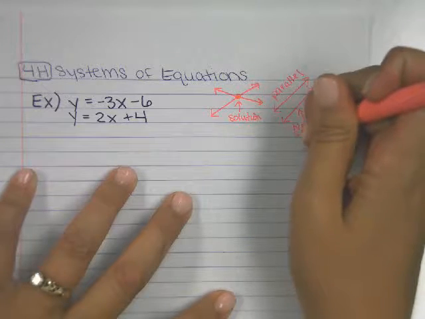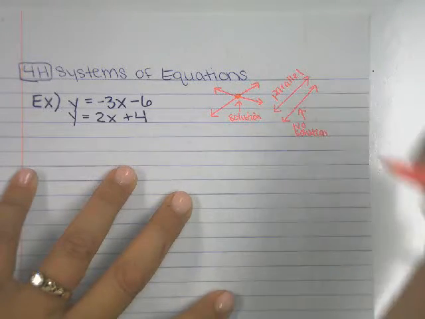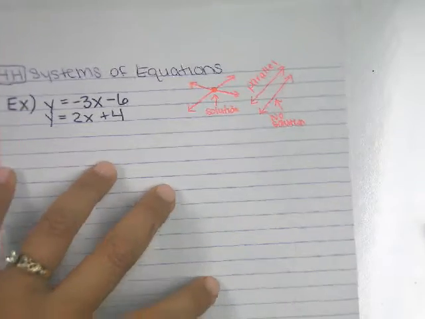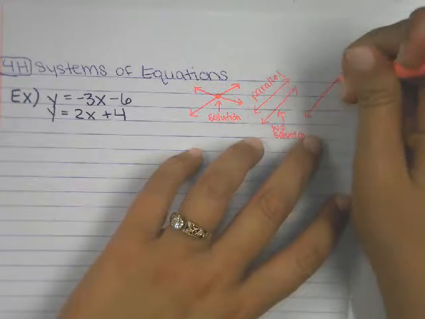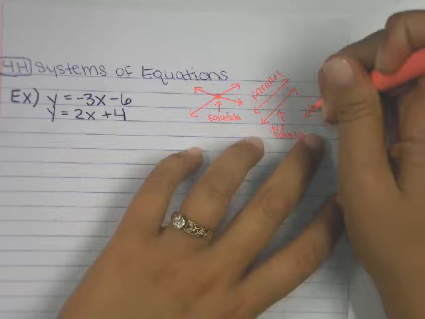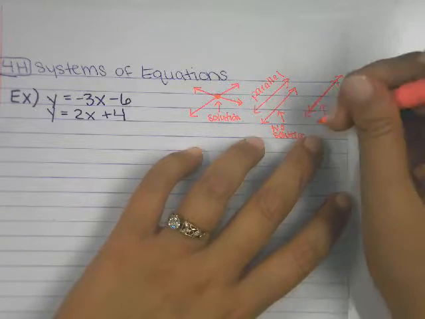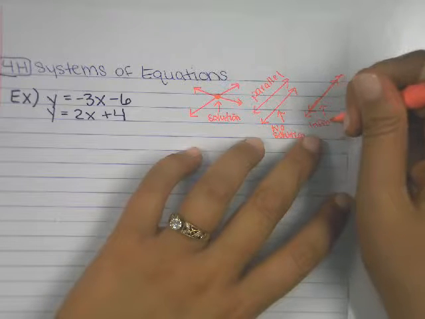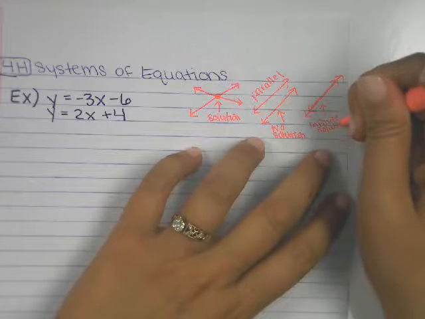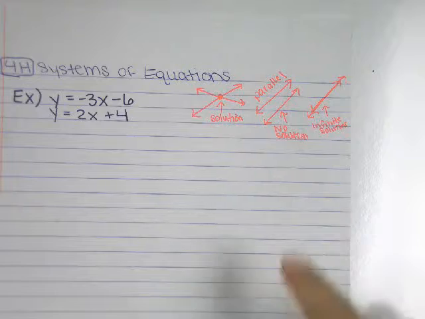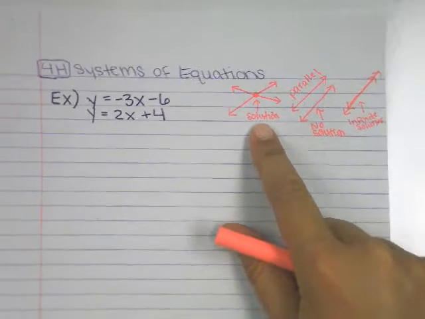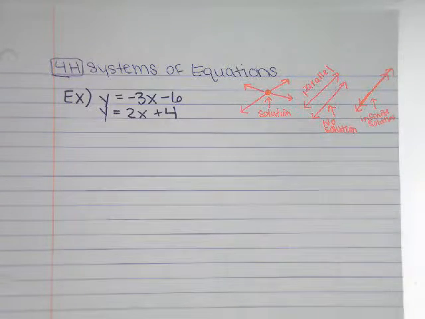These have no solution because there's no places where they intersect. And the last thing that can happen is we can have the same line given twice, in which case they share all points, and there's infinite solutions. Most often you're looking at this case, one solution. So the solution to a system of equations is the points where they intersect.